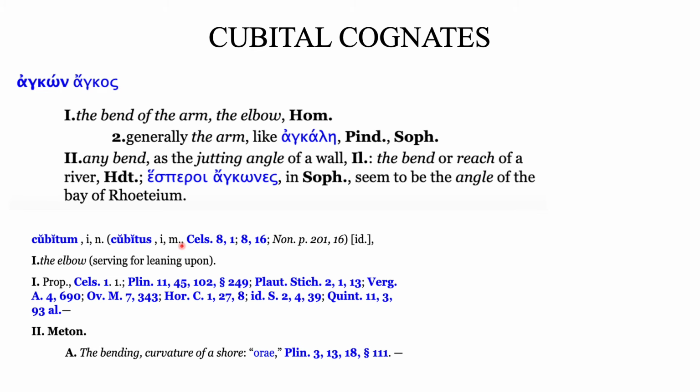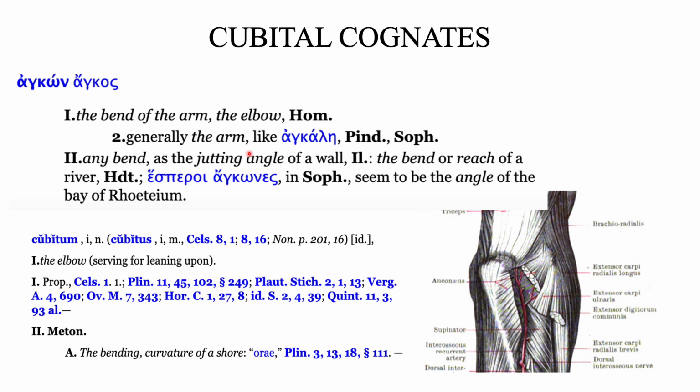Now the Latin is cubitum, and the Greek is ankon. You can therefore see how an anatomist who knew it was the elbow decided to use the Greek word for elbow rather than the Latin word for elbow. So in the same area you have a cubitum with an anconeus muscle. So anconeus comes from this meaning for elbow in Greek.